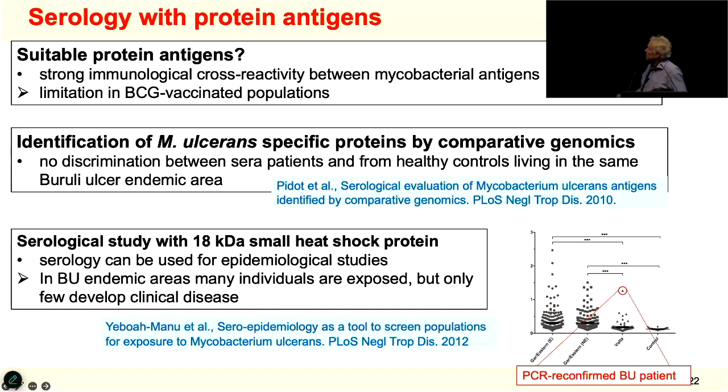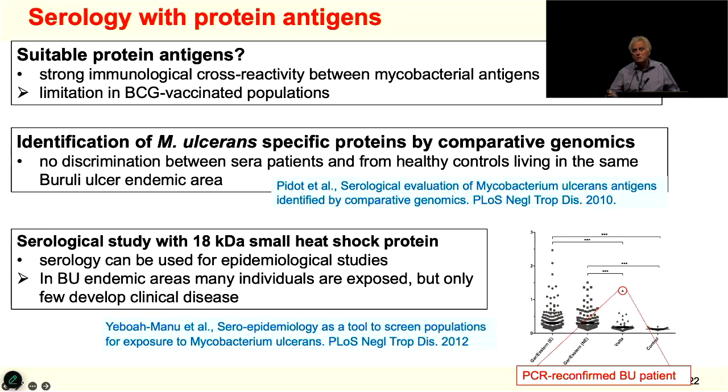And we had the same experience with a small heat shock protein, which is overexpressed in Mycobacterium ulcerans, therefore relatively specific. We also saw that patients and healthy controls both show in a high proportion antibody responses against this protein.